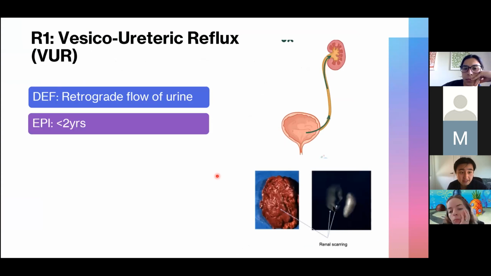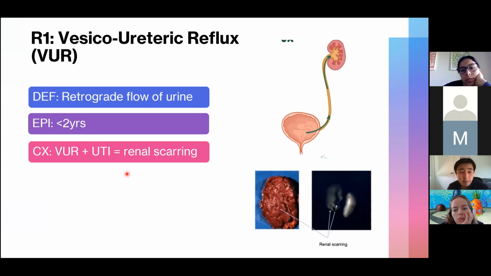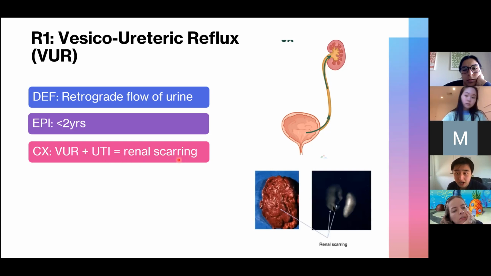It's commonly seen in children who are less than 2 years old, so it presents young. And the main thing to keep in mind is that VUR plus UTIs leads to renal scarring. And this is what it looks like. It looks pretty nasty. So usually, if you get VUR by itself, that doesn't cause too many symptoms in most cases, but it is really when you get a UTI that things get bad and you get renal scarring.